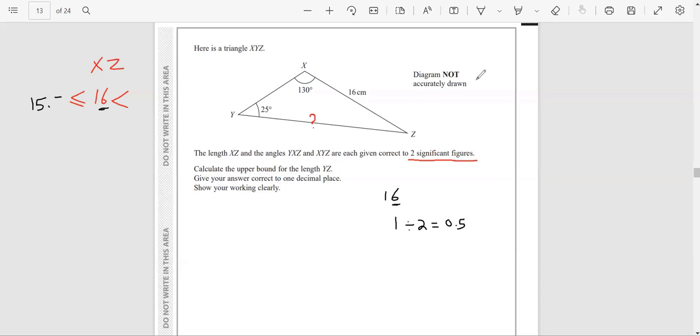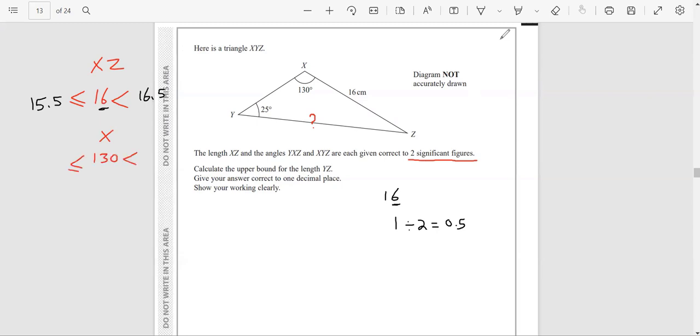Whenever it's given to significant figures, you need to check where exactly the specific figure you are working with is, and then check the digits. As I told you before in the previous example, you need to know what digit you're working with, and then you divide by 2. And here we have the angle X, which is 130 degrees.